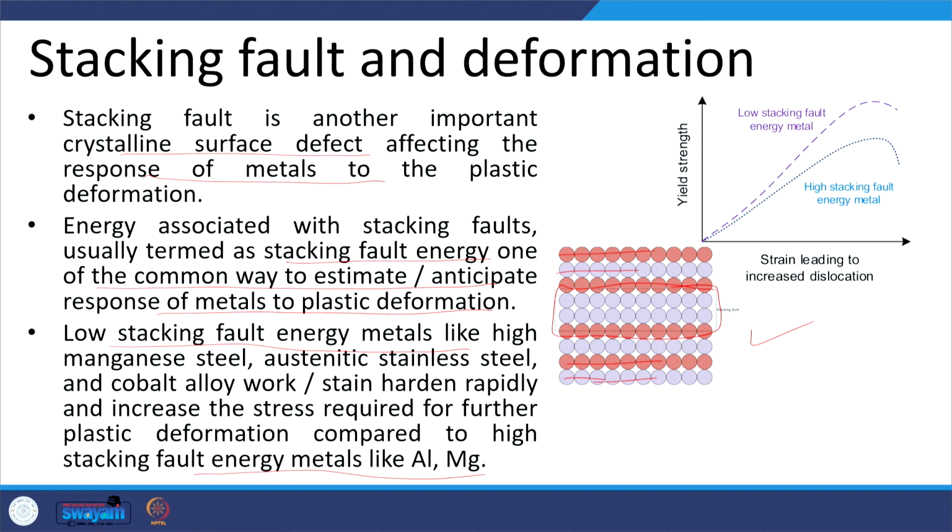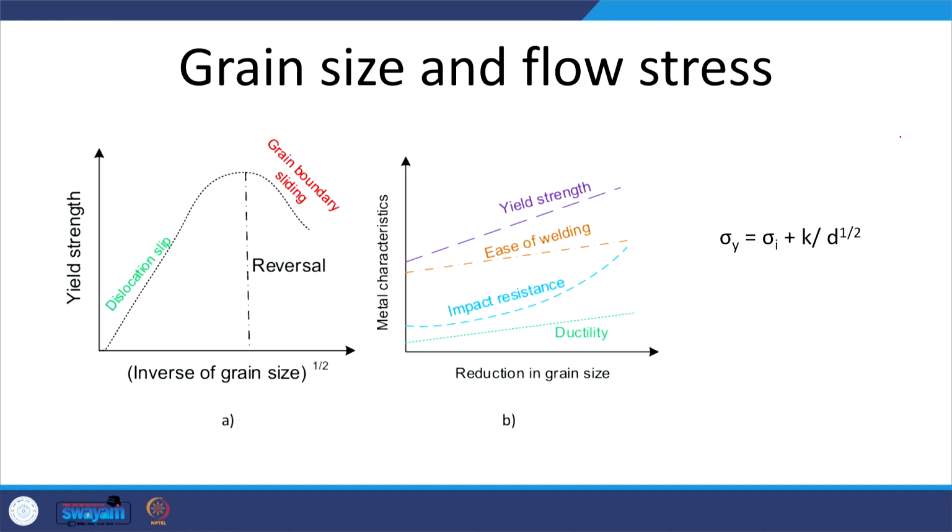If we compare what happens to the stress requirement with increasing strain, we will see increasing deformation leading to increased dislocation density, which leads to an increase of yield strength. So, the increase in yield strength is much higher for low stacking fault energy metals as compared to that for the high stacking fault energy metals.